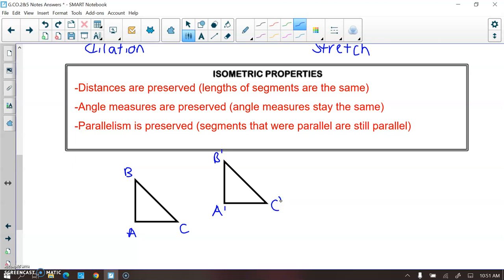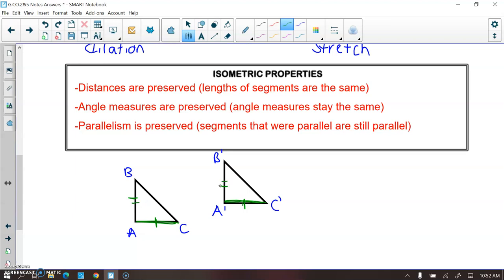All right, so what it means for distances to stay preserved is that the lengths of the segments are all the same. So the length of segment AC and A prime, C prime are still the same. The length of AB and A prime, B prime are still the same length. They don't change.